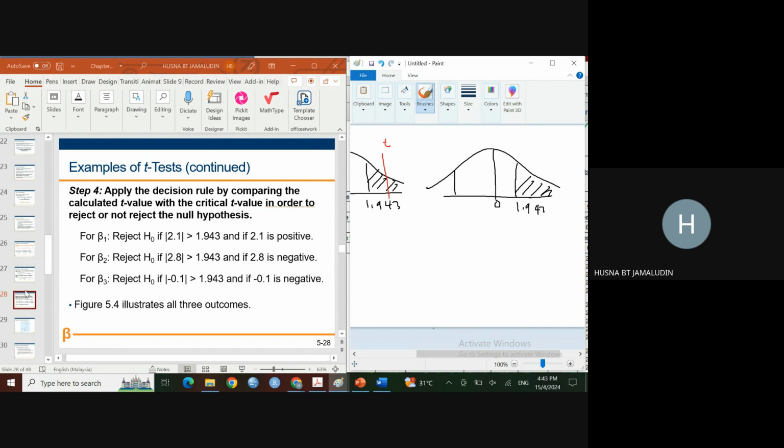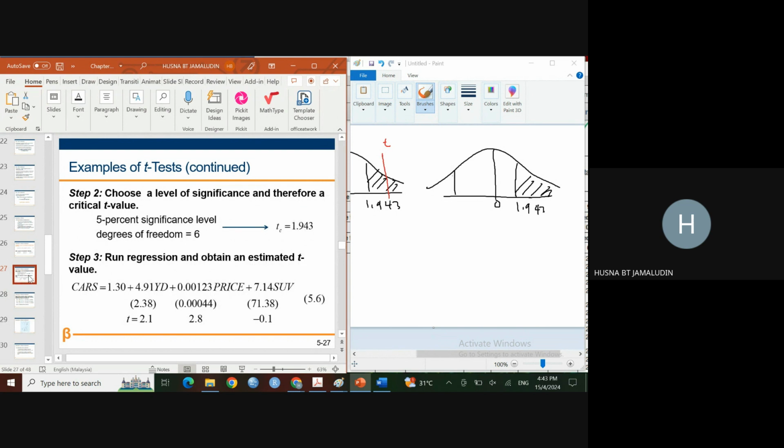Let me see. Okay, now I got it. I was influenced by this value. T is 2.8, it is positive. I was influenced by this coefficient. So basically, this is not right.